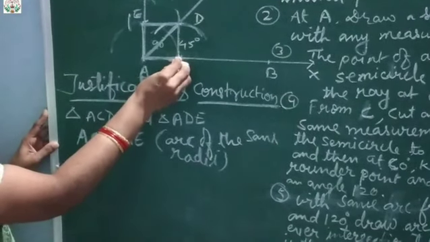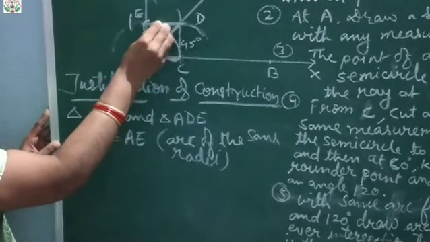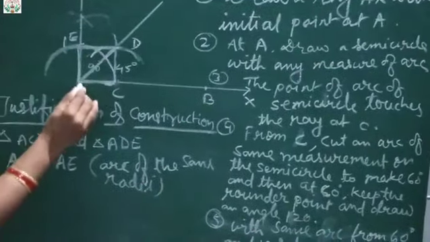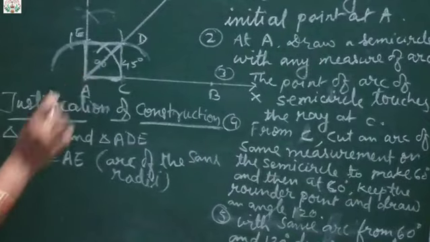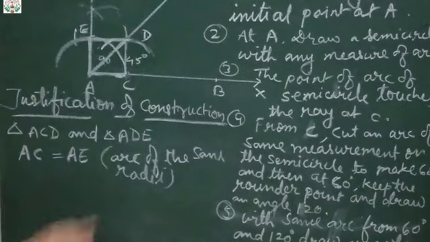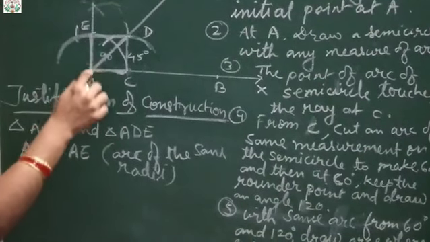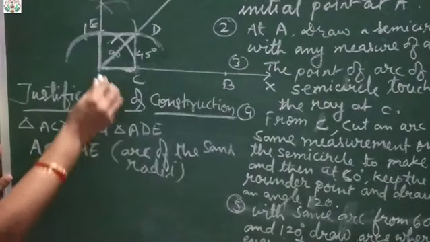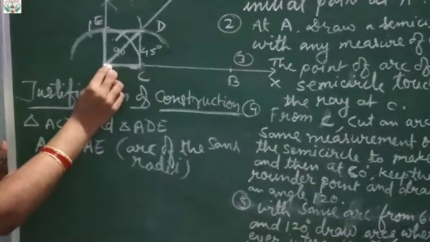We have made a semicircle. Remember children, this is the semicircle. Semicircle means the radius will always be the same for the same semicircle. So AC and AE both are the radius. That's why they are the same measurement. Clear? So AC equals AE.